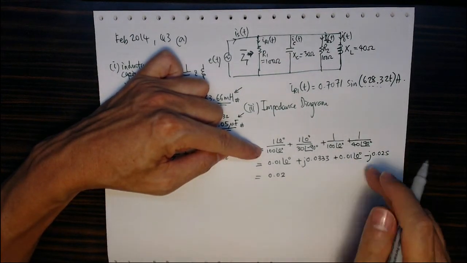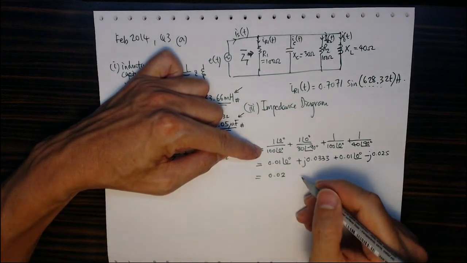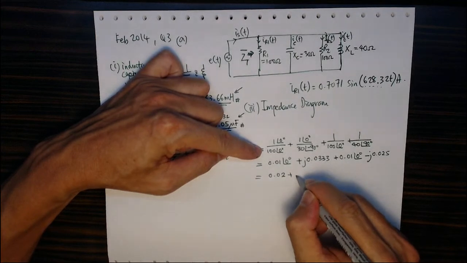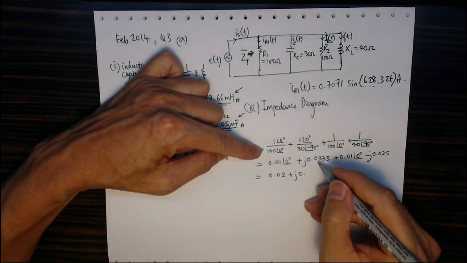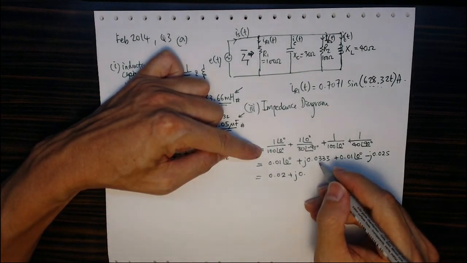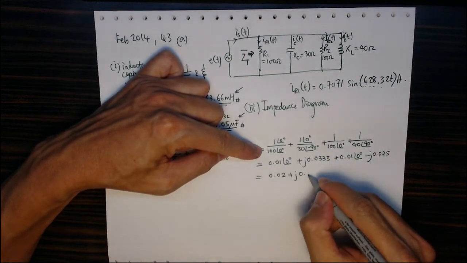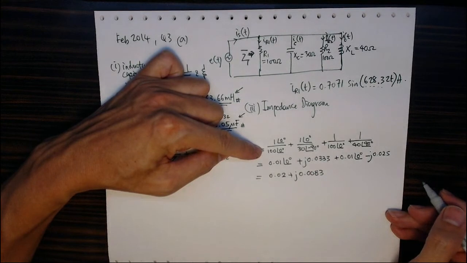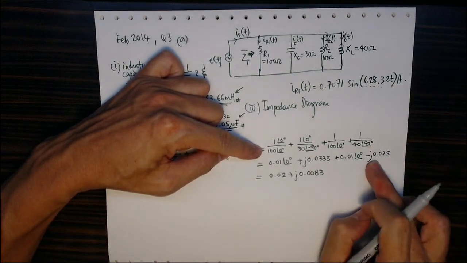Here is positive, here is negative, so that gives me plus j 0.0083. That is this minus this.